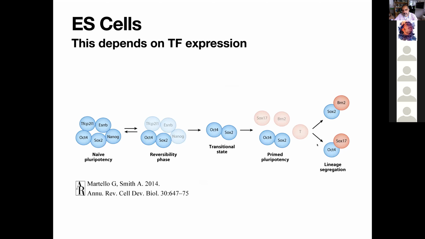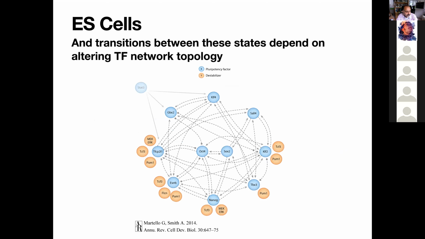And you can start seeing that there are these complex networks of transcription factors that are necessary to maintain pluripotency, and by altering the transcription factor network topology, we can start transitioning the cells between all of these different types of pluripotency.